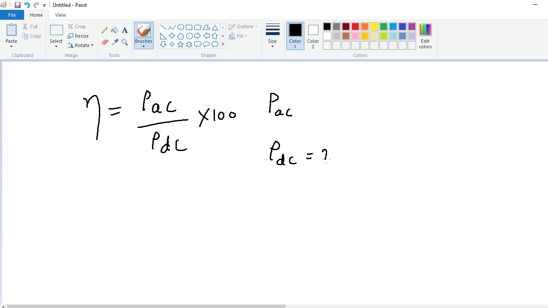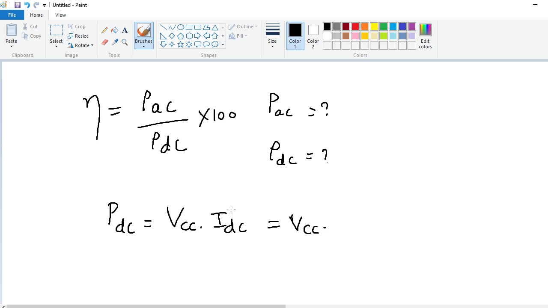That is very important. So first DC power. DC power is equal to DC voltage VCC into DC current. What is DC current and what is DC voltage? Okay, DC voltage is VCC.